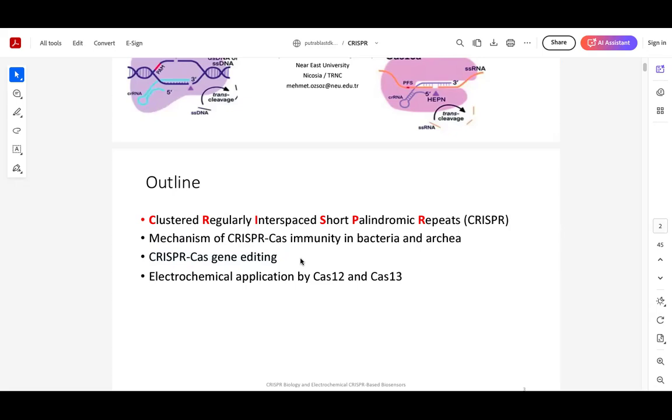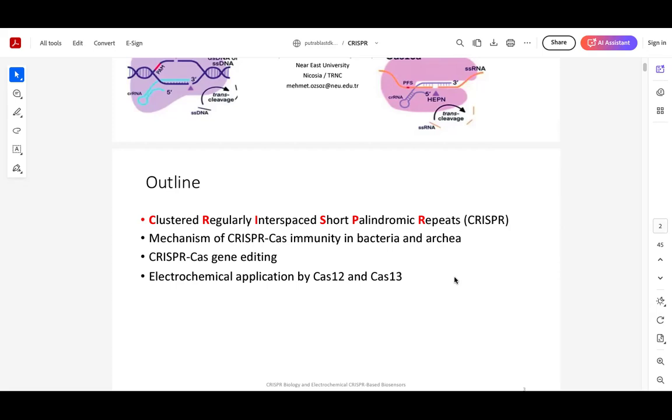So these are going on, and this is why CRISPR is trendy. Talking about using CRISPR in treatment of disease, especially gene-related disease.